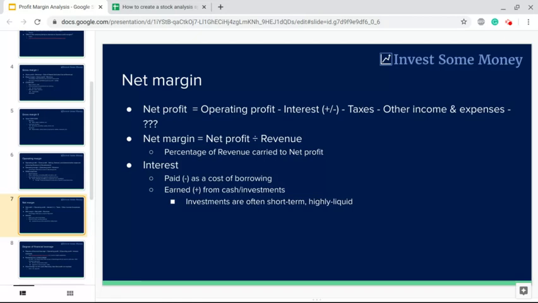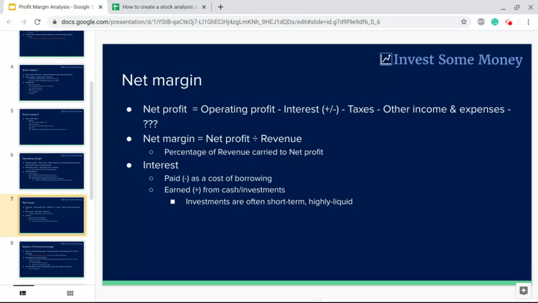Because after that it's the bottom line, and there's nothing else taken from it. So net margin, as you would expect, is net profit divided by revenue, the percentage of revenue carried to net profit. That percentage is going to vary among different industries and companies. Sometimes it's negative, sometimes it's positive, which is also the case with operating profit. It'd be pretty rare to see a negative gross profit, but I'm sure it's happened.